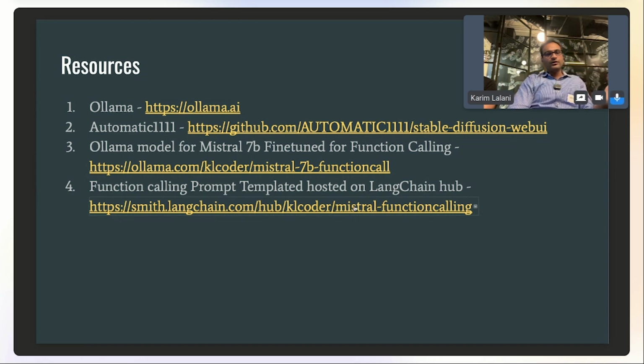It makes my code a little bit cleaner because I don't have a lot of text prompt in there. I'm just making a call to LangChain Hub with my identifier, and anybody else who just needs a template, doesn't care about the code or what I'm doing, but is interested in just the function calling bit, well, they can just go there and use that bit.